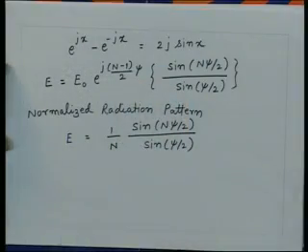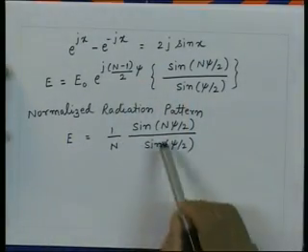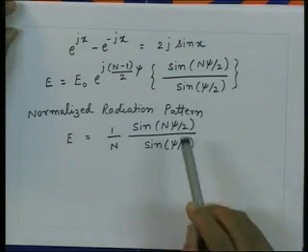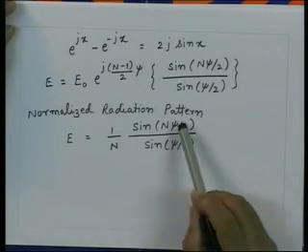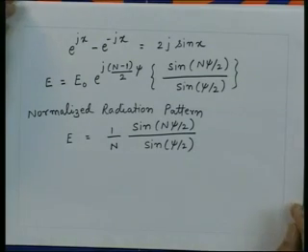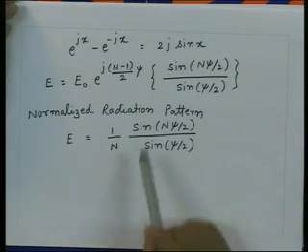Then by simply applying the superposition, we get the radiation pattern of the linear array of n elements, and a normalized radiation pattern essentially is given by this expression. And then we investigated the properties of this radiation pattern, that is the direction in which the radiation is maximum, and we saw that when psi is equal to 0, at that time all radiation terms add and we get maximum radiation.